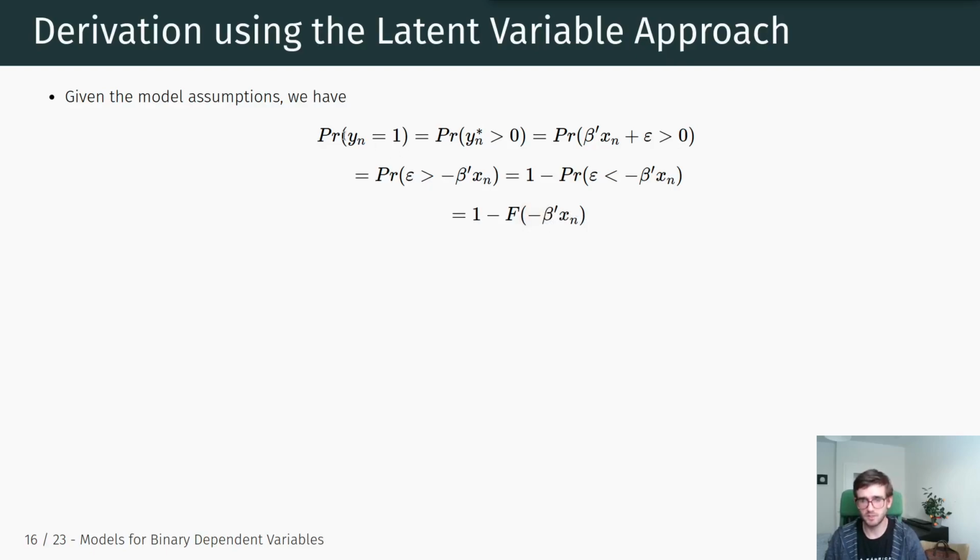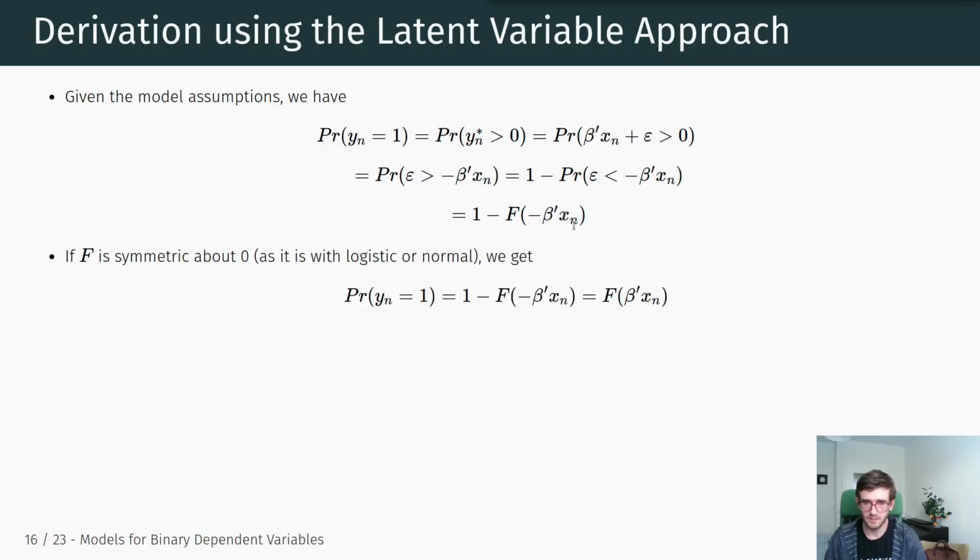So essentially we can write the probability of yn being equal to 1 as 1 minus the cumulative distribution function at the point minus beta prime xn, okay? And it turns out that if this cumulative distribution function F is symmetric about 0, which is the case for the logistic and the normal distribution, we can further simplify 1 minus F of minus beta prime xn as simply F of beta prime xn.